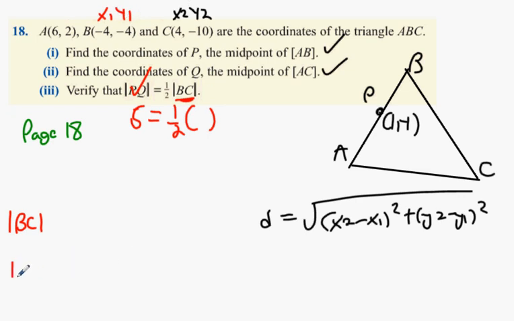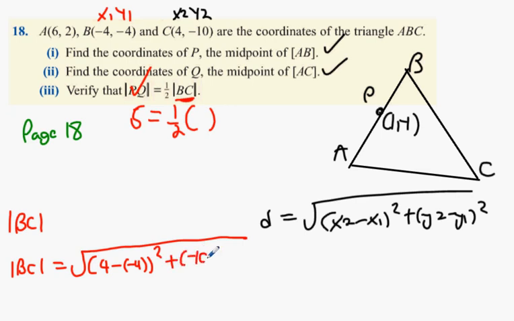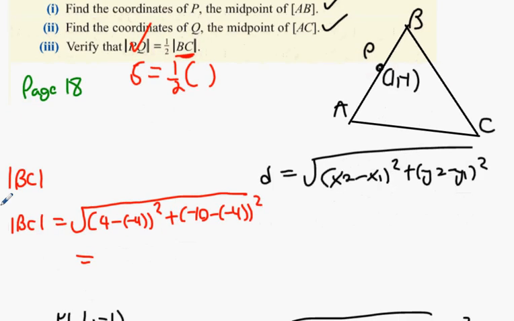So, length of BC equals, so what's the x1, x2 value? 4 minus 4 squared plus minus 10 minus 4 squared. And what do you get next? When you put all that into the calculator, you get 10.